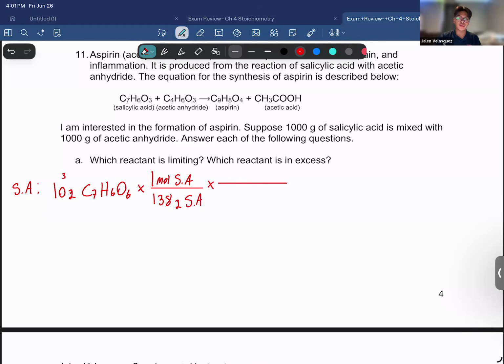And like I said before, the equation was already balanced, so that saves us some time. So now from the moles of salicylic acid to the moles of aspirin by using the mole ratio. And then from the moles of aspirin, we can go to the grams by using molar mass.